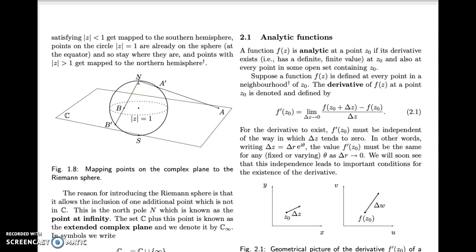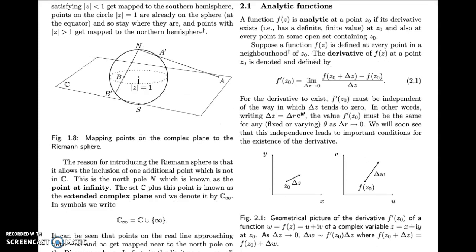We sometimes call it the extended complex plane, and denote it by C sub infinity. It is the set of complex numbers C plus the point infinity, and we regard infinity as a single point.